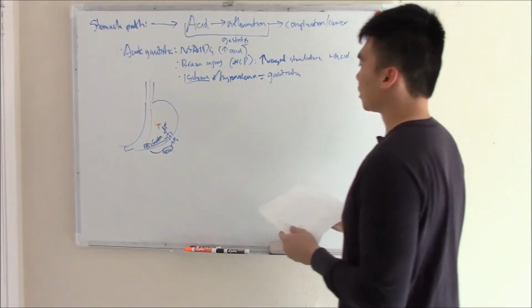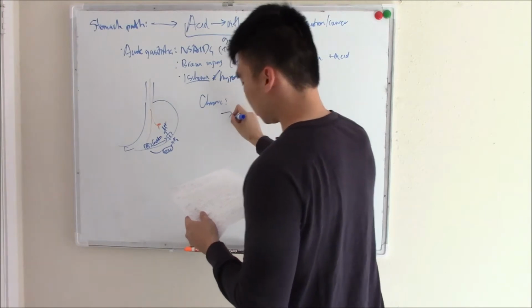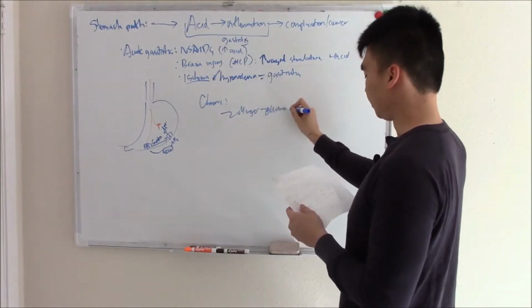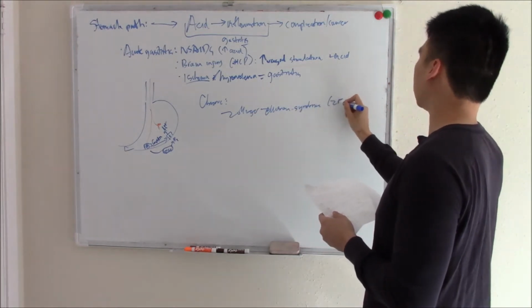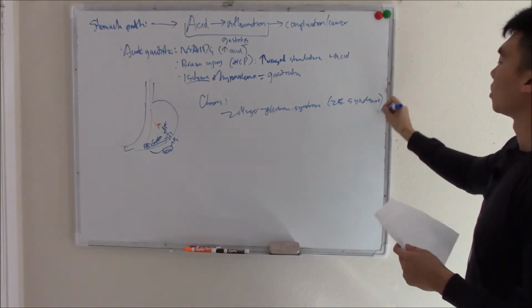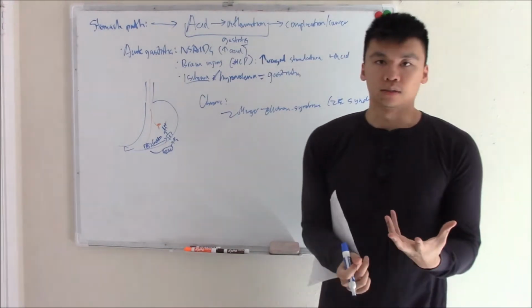These are all causes of acute gastritis. Some chronic causes: you can have something called Zollinger-Ellison syndrome. It's called ZE syndrome. ZE syndrome is a syndrome where there's a tumor that's increasing gastrin.